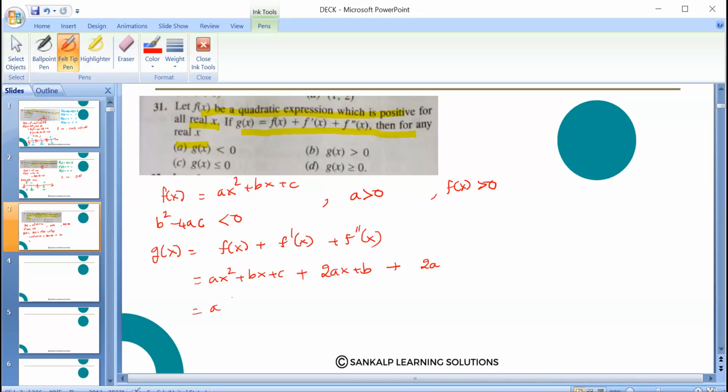So taking a common, we will have x squared plus b by a into x plus c by a plus 2x plus b by a plus 2.